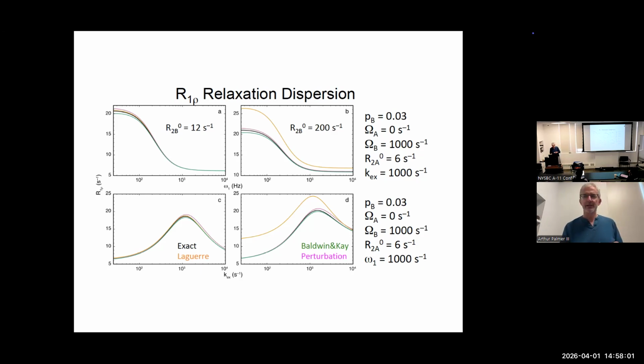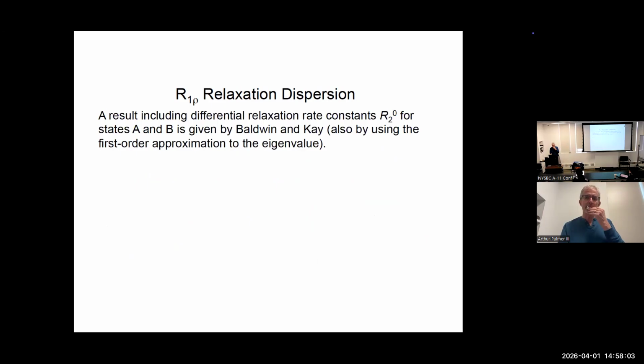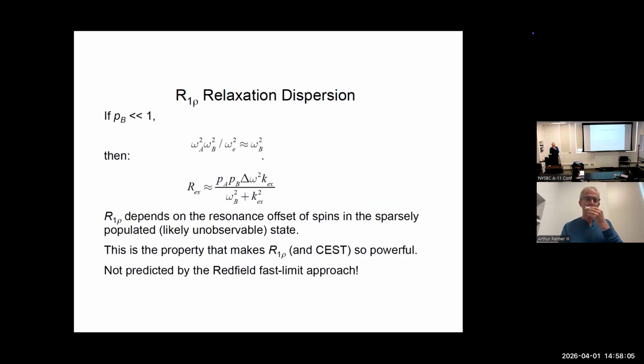Now, I kind of said that R1 rho and CES were the same experiment. But if you look at that expression, can you tell me why the experiment is sensitive to the B shift?